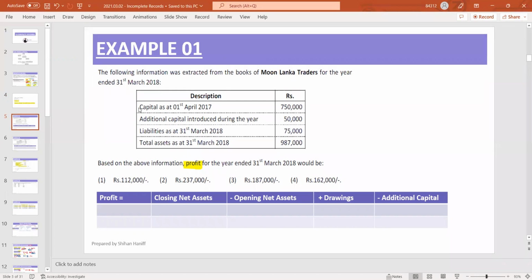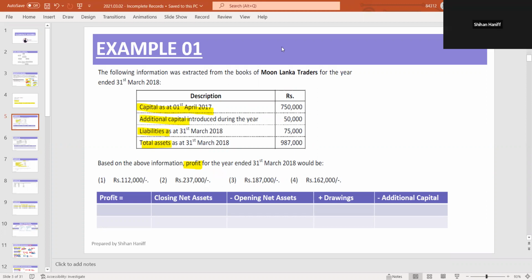You have capital on 1st April, additional capital, liabilities, total assets. Find out how much is the profit. Find out the total profit.